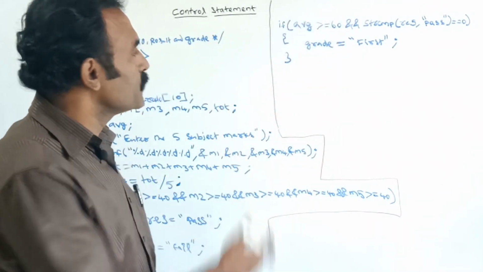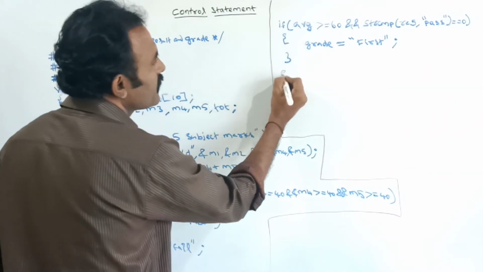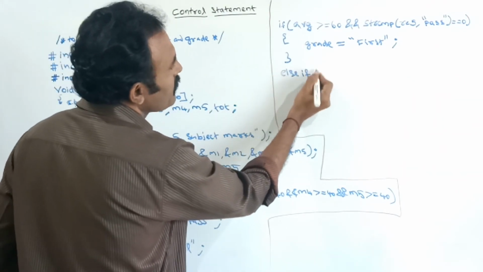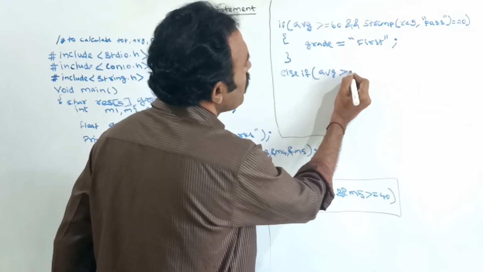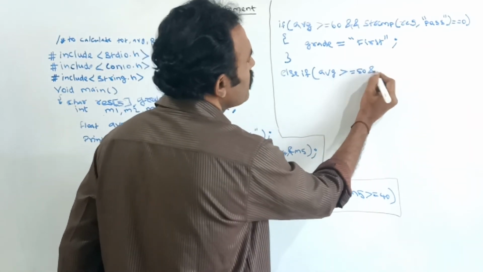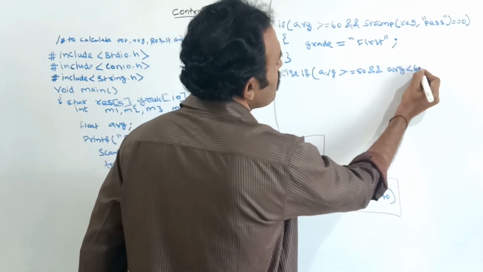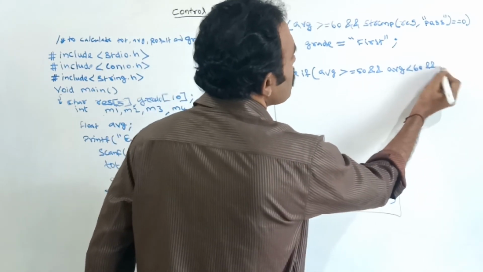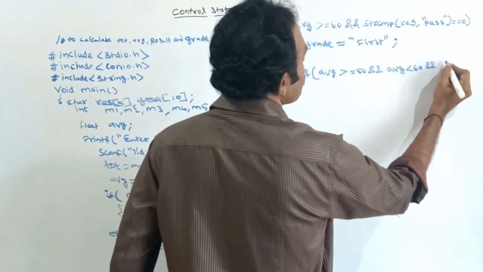So here I can use if else if statement. Here, in other words, else if average should be greater than or equal to 50, and at the same time the average mark should be lesser than 60, and at the same time the student should get pass in the result.